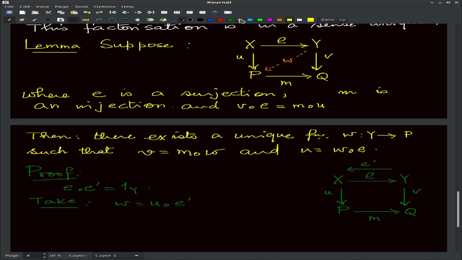So we have found a possible answer for W. So let's try. V composed W is V composed U composed E prime.